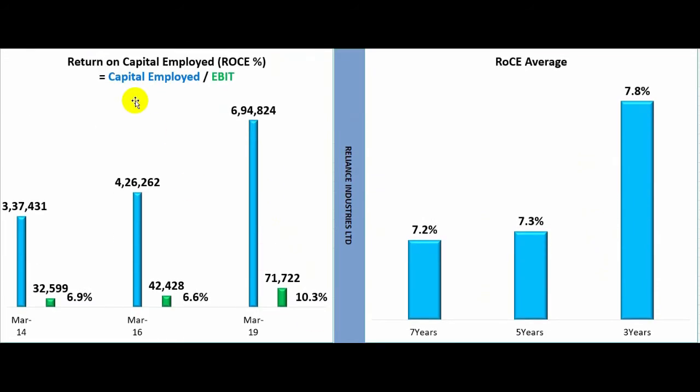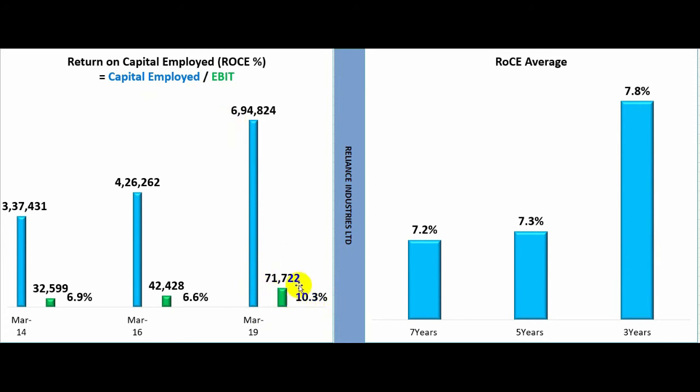Return on capital employed is EBIT divided by the capital employed. We are trying to understand out of the total sources of fund the company has employed into the business, that is through shareholders and through borrowings, how much EBIT it is generating every year. In March 19, the company had generated a 10.3% ROCE.